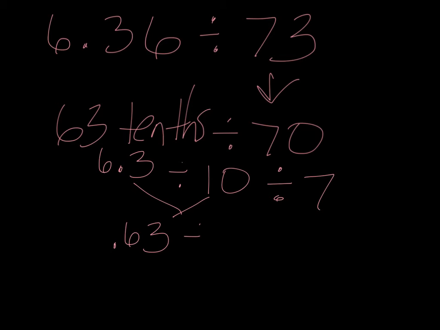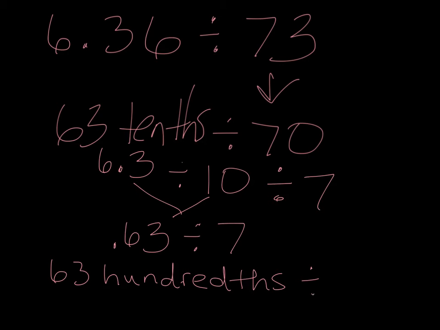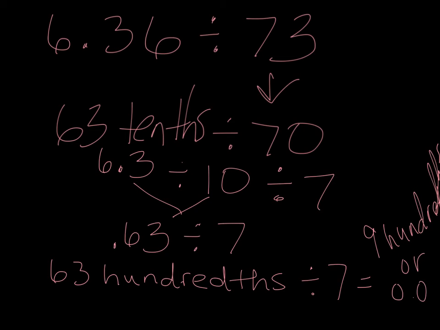Divided by 7, so 63 hundredths divided by 7 equals 9 hundredths, or 0.09. Okay, so that's the approximate answer. It's going to be around 9 hundredths.